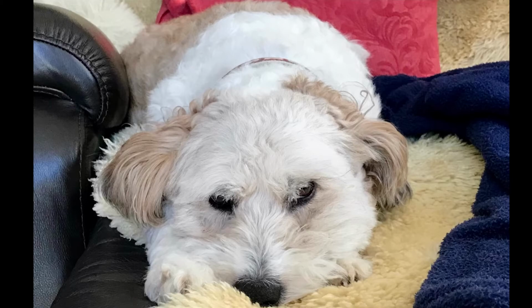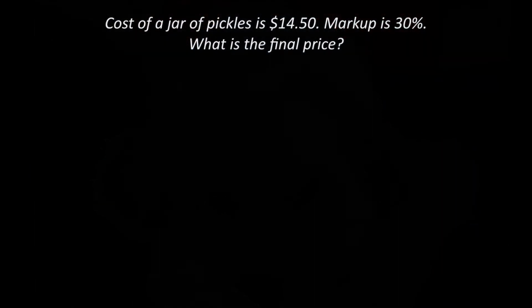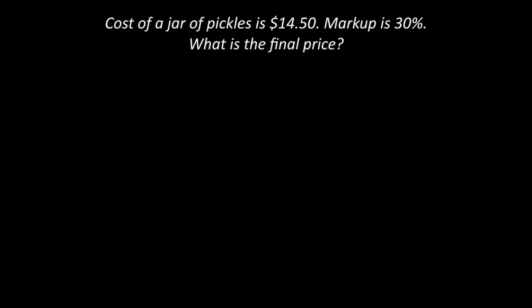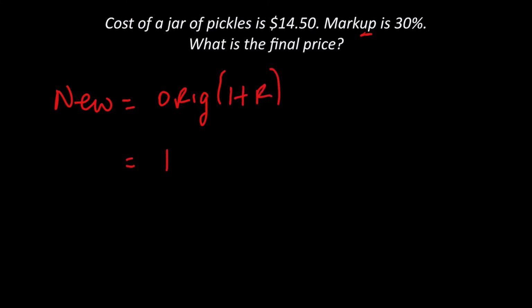Okay, let's do a few more examples. We start out with a jar of pickles that is $14.50. So that is our original amount. We're dealing with a markup. Therefore, we are going to use the version of the formula where we're going to do 1 plus the decimal version of R. So that's going to be $14.50 times 1 plus 0.30.